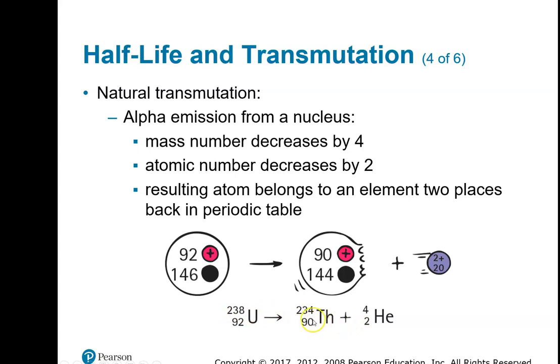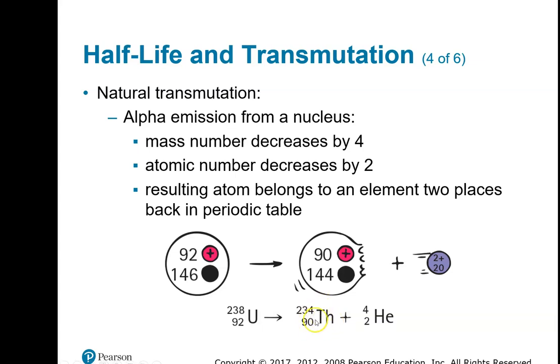Now, suppose you didn't know that this was thorium. You just look up on the periodic table. Remember, you can just type into Google periodic table of the elements, and there is a nice interactive periodic table. You can look up element 90, and this is its chemical symbol Th, which is thorium.